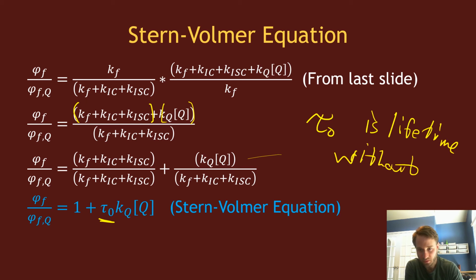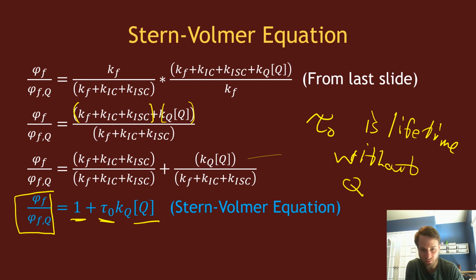without the quencher. And so you can change the concentration of your quencher and measure the change in the fluorescence yield with and without the quencher. When you make a plot of phi_f over phi_f,Q versus Q, the concentration of the quencher, you'll get a straight line.